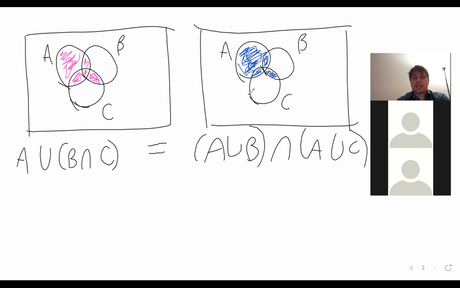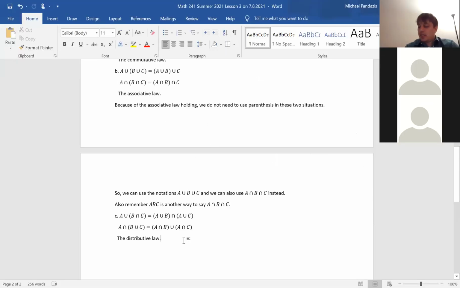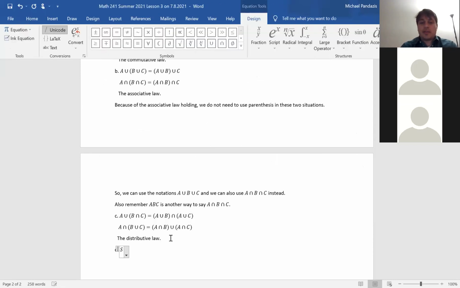And so you can see how those two sets are the same. There's also the other distributive law, and you could do the same kind of thing there to show that those two are equal. Okay, so next is D. If you take the complement of the universal set, like we said earlier, you get the empty set or the null set.